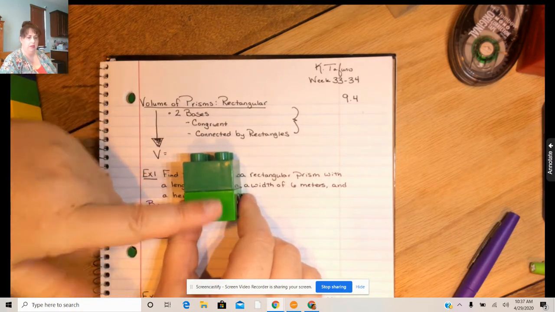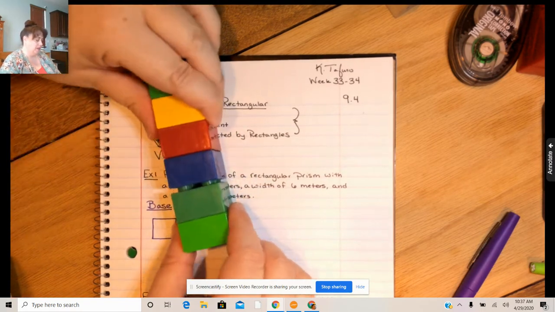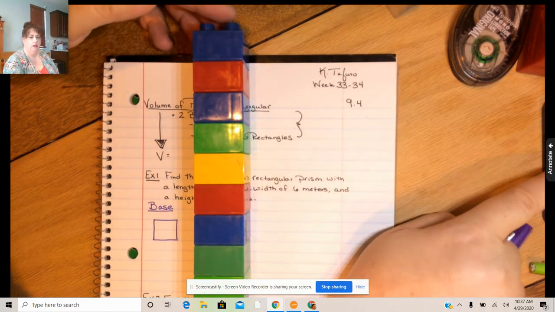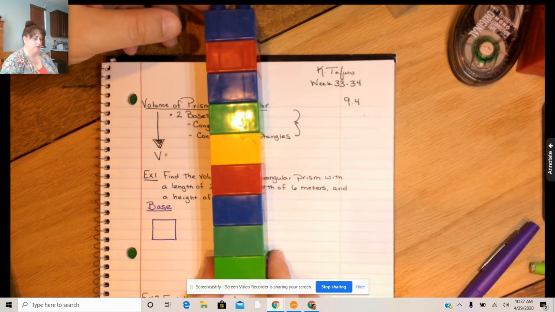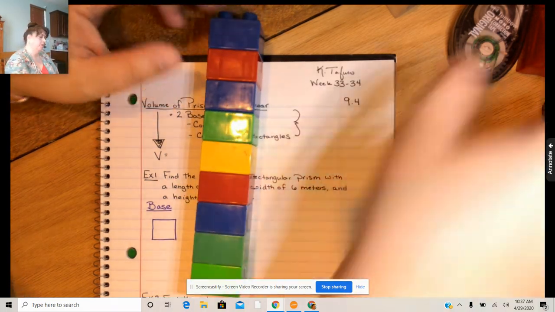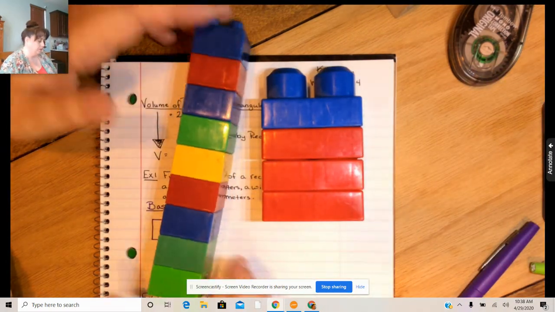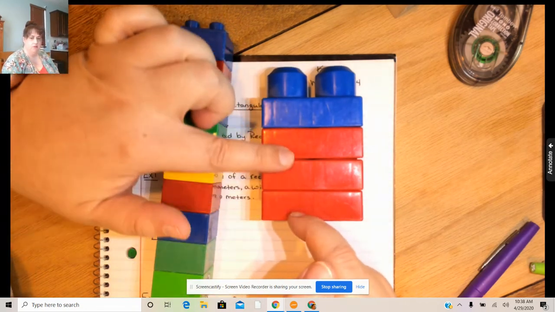So this would be one base, and then that would be a second layer, almost like putting together a cake or a layer of Legos. So that would be a rectangular prism. This would also be a rectangular prism.